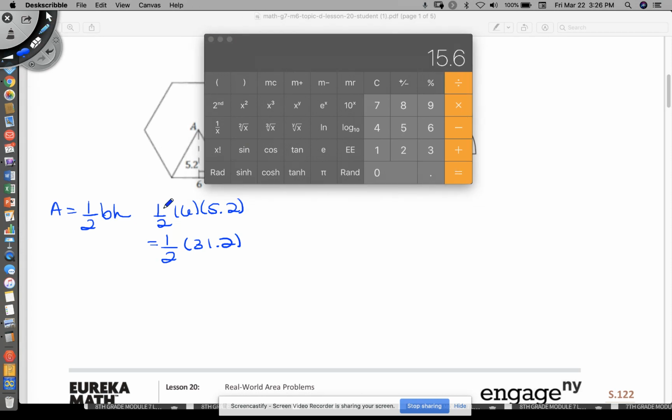And we get 15.6. Now that's the area of that one triangle. Now since I can technically put 6 triangles in here, I'm just going to go ahead and take 15.6 and times it by 6 and give me the final answer of 93.6 units squared.